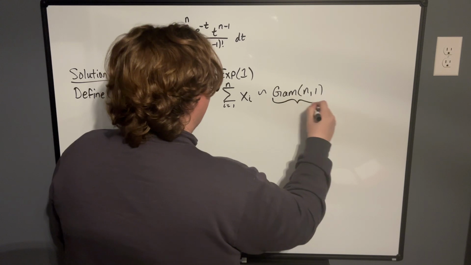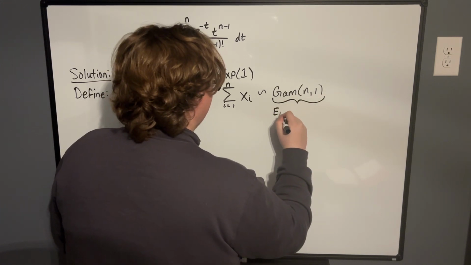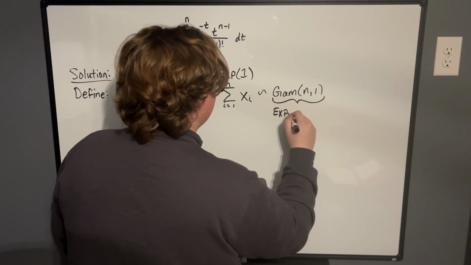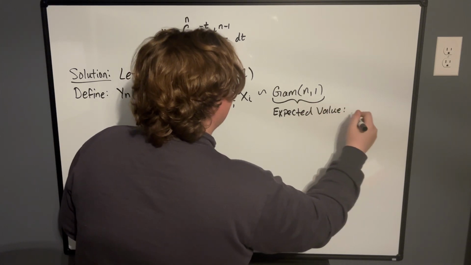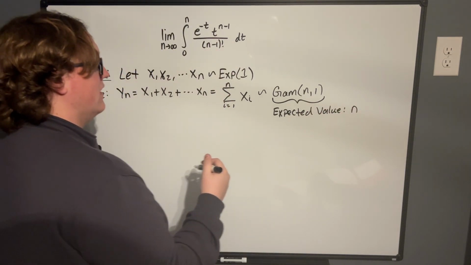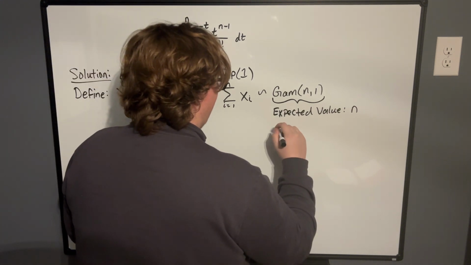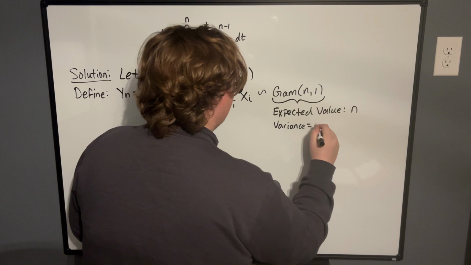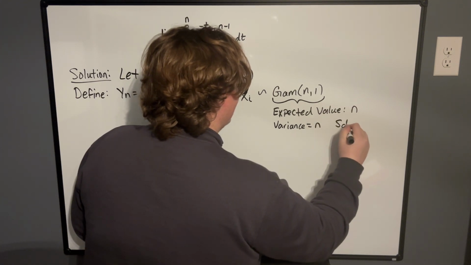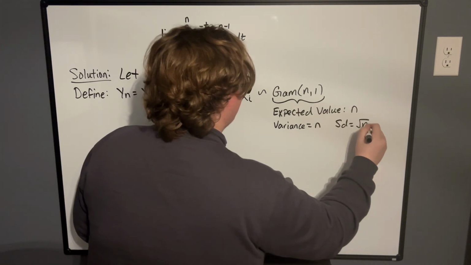The expected value of y sub n is n, and the variance is also n. That means the standard deviation, which I'll write as SD, is the square root of n.